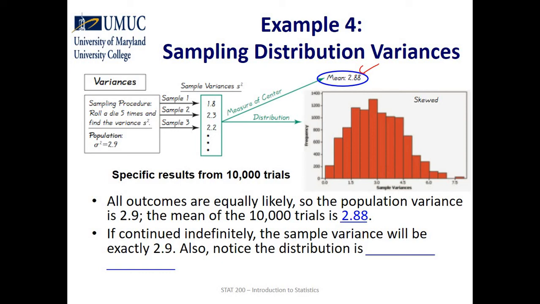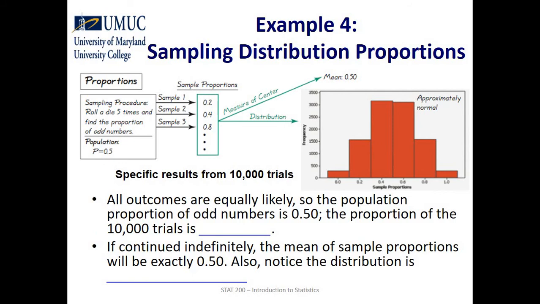So if we continue indefinitely, the sample variance will be exactly 2.9. And this distribution is skewed with a longer tail on the right, so it's skewed to the right. So again, we take a bunch of samples, we find the variance of each sample, and then we take the mean of all of those sample variances, and that targets the actual population variance, which is what we were trying to do.